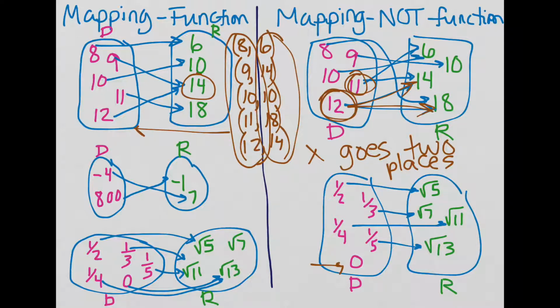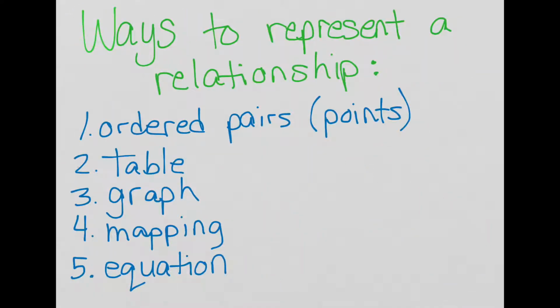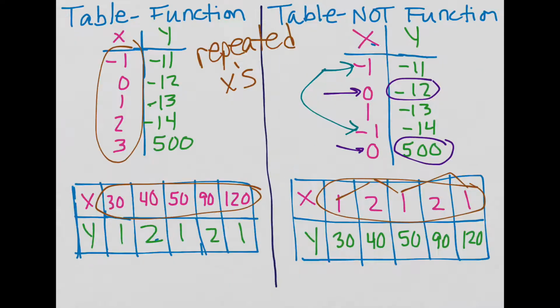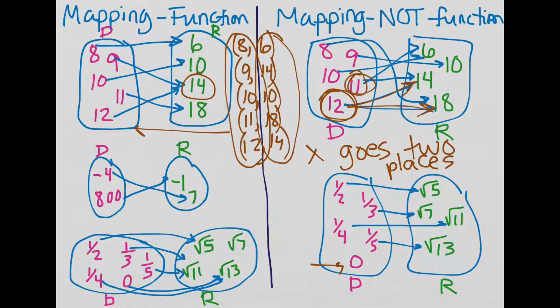If you can remember back to when we defined what a function was, let's see, right here. Every input has exactly one output. If there's a button on that machine, I better get a soda out when I press it. Whoops. So this 0, this is not a function. This soda machine is not functioning correctly because when I press a 0, nothing comes out of the machine. It just steals my money.